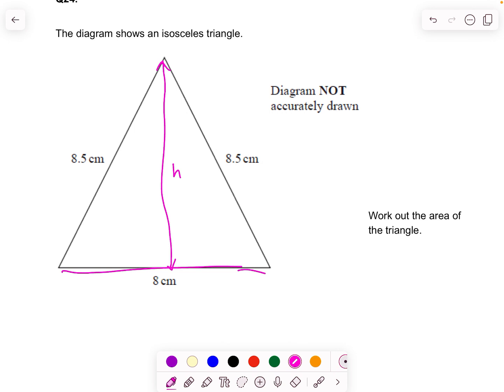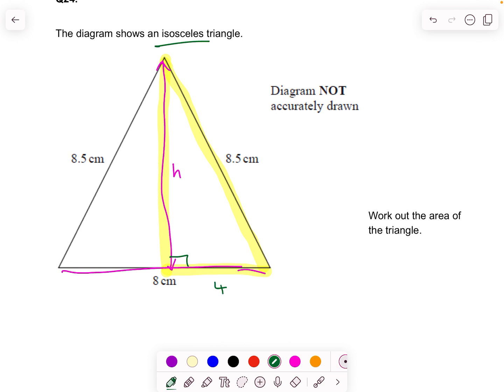Now, to find the height, we're going to use Pythagoras. So we're going to look at a right angled triangle here. Because it's isosceles, when we split it, it's directly in half, so that's 4.